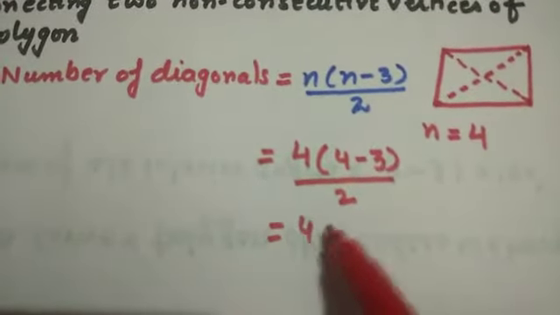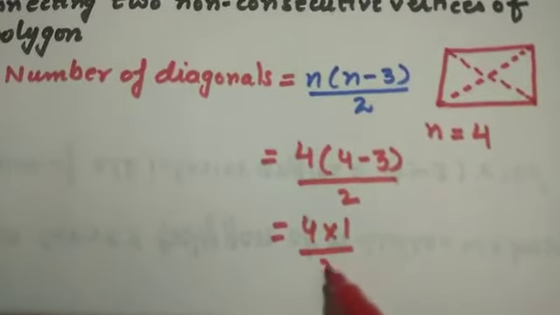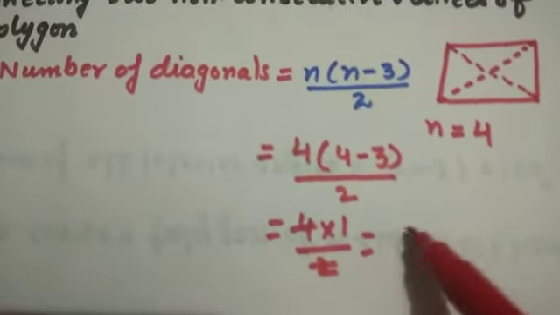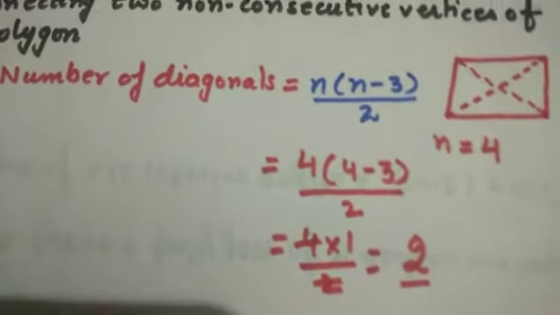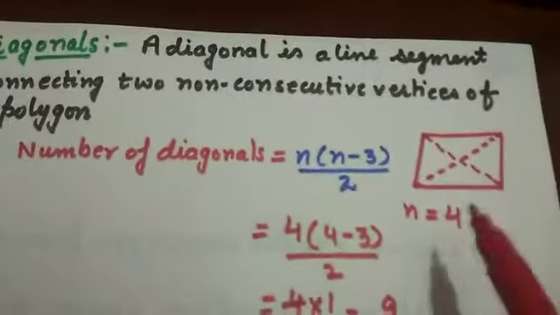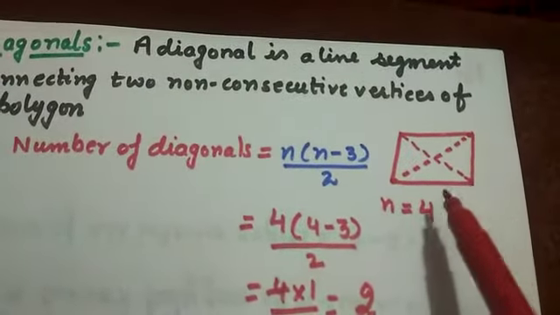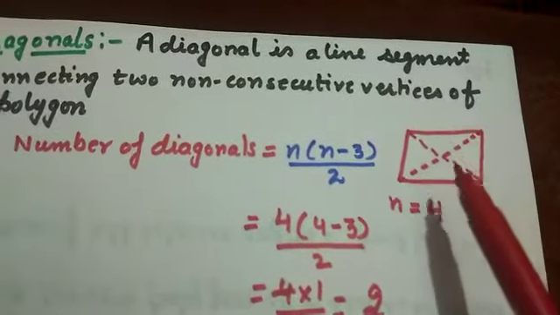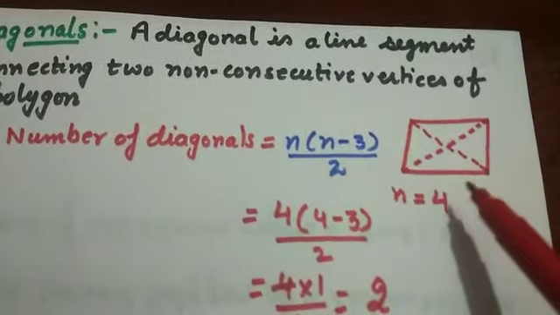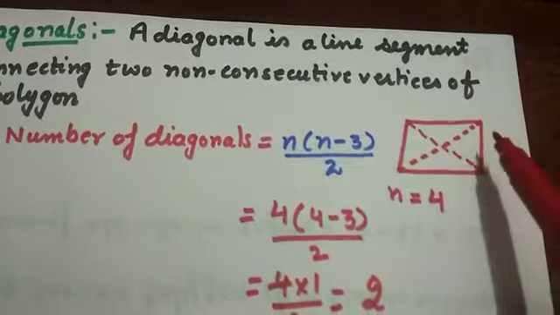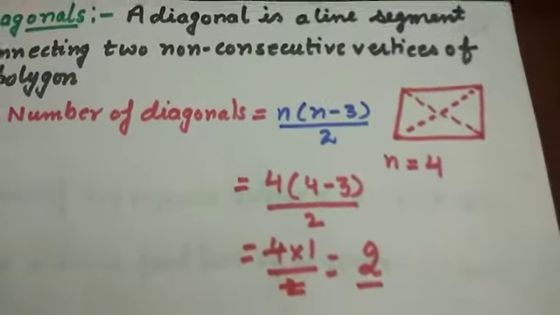So this will be 4 into 1 upon 2. So we'll get 2. So by using the formula, there are 2 diagonals in a quadrilateral.